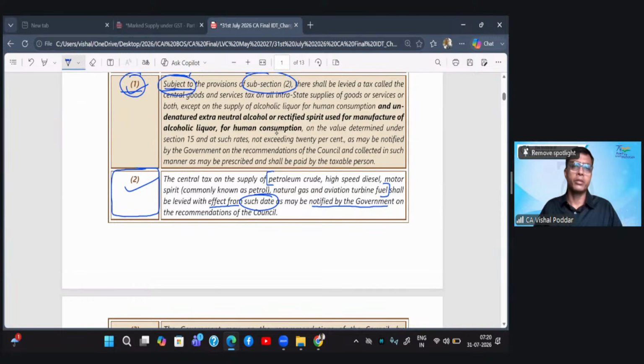Obviously everything is decided by the council, so it will be on the basis of the council's recommendation. Now, what are these 5 things? One is crude oil, which India imports, then diesel, petrol, natural gas, and aviation turbine fuel. Aviation turbine fuel is the fuel that is used in planes.